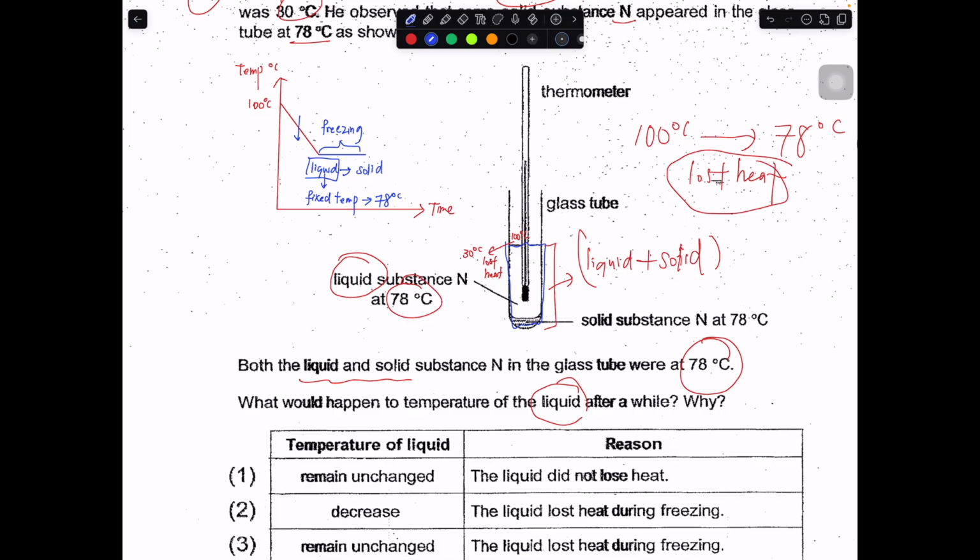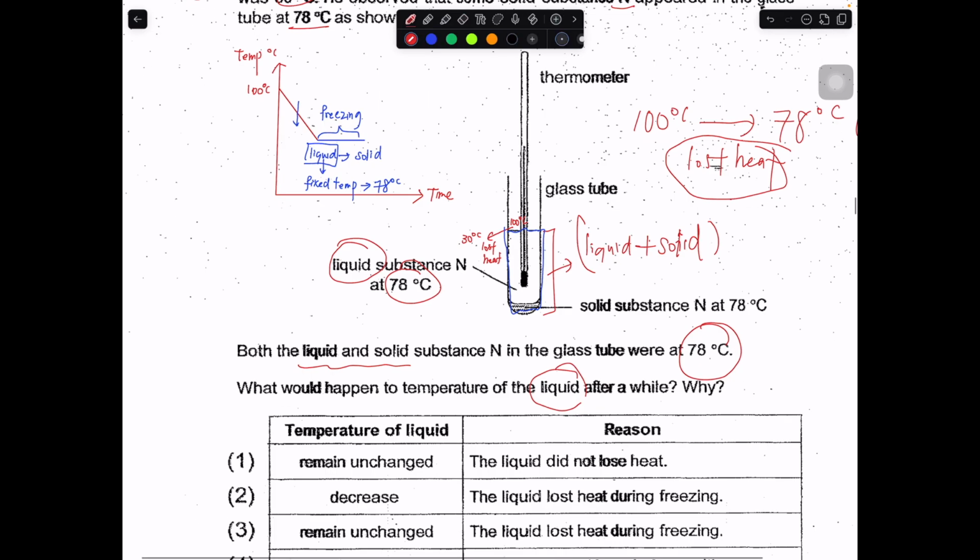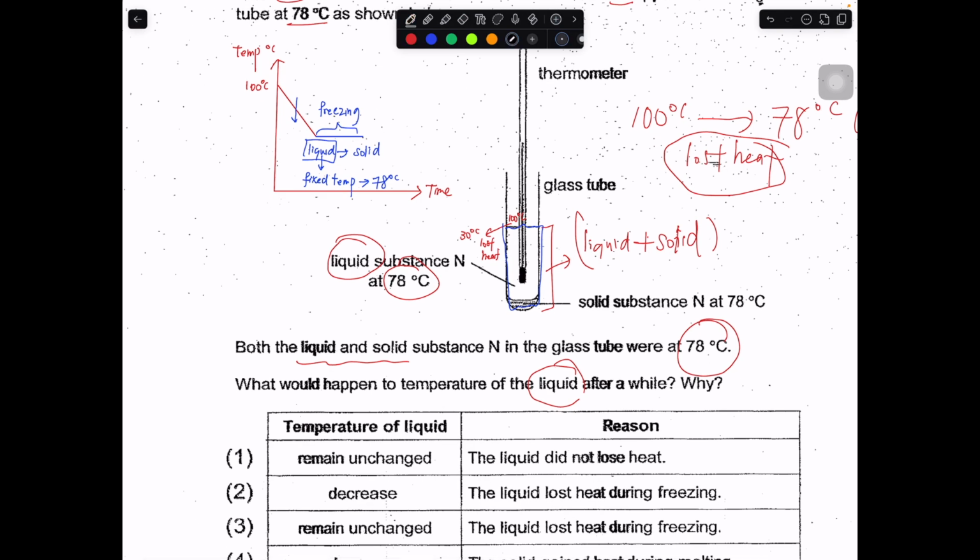The temperature will only start to decrease again when the whole thing becomes solid, and then it will continue to lose heat to the surrounding. So after it freezes completely, the temperature will start to drop again to 30 degrees. Let's say here will be 30 degrees Celsius.